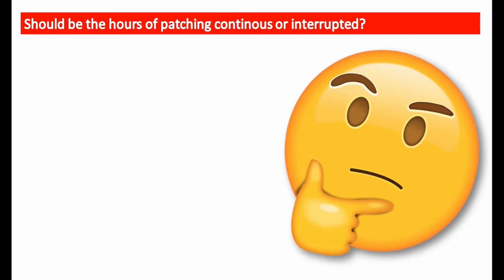And once the patch is removed, it's no longer used again, so it's disposable. If you use patching twice, you will need 2 patches per day, but if you use it continuous hours, you will use 1 patch per day. So economically and for the health of the skin, I think it should be continuous.